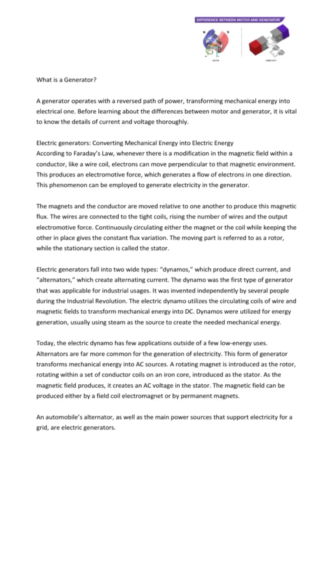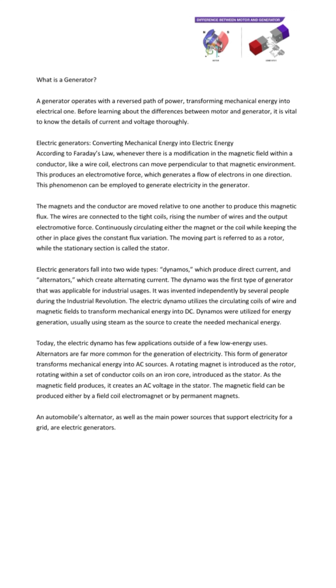What is a generator? A generator operates with a reverse path of power, transforming mechanical energy into electrical energy. Before learning about the differences between motor and generator, it is vital to know the details of current and voltage in electric generators.